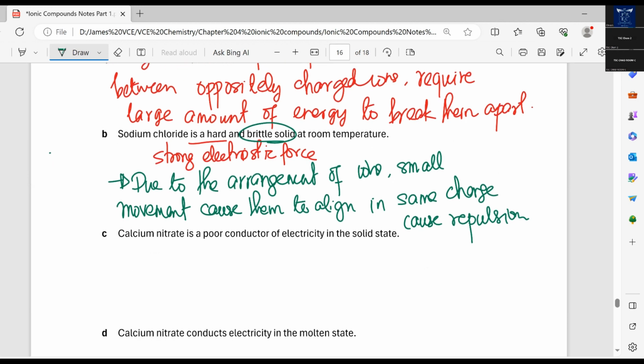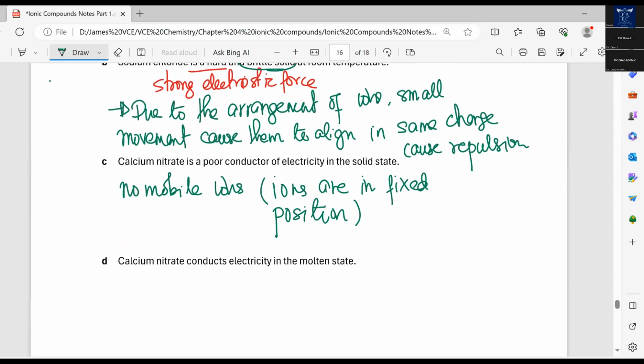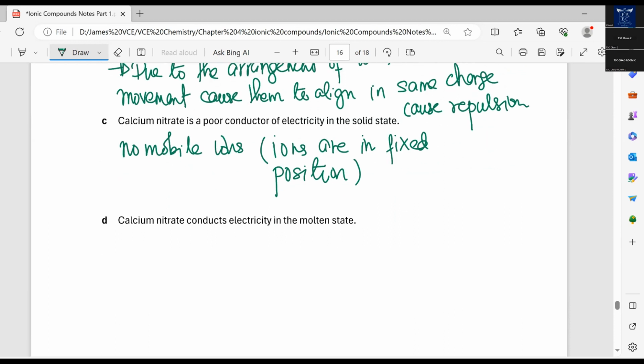Poor conductor of electricity in solid state, because ions are fixed in fixed positions. In the molten state, ions are able to move.